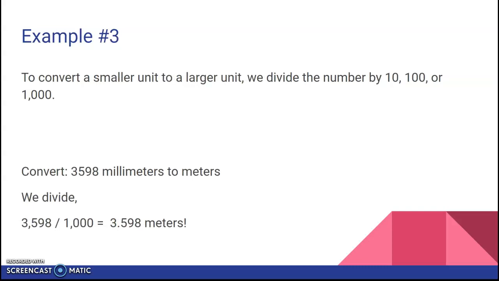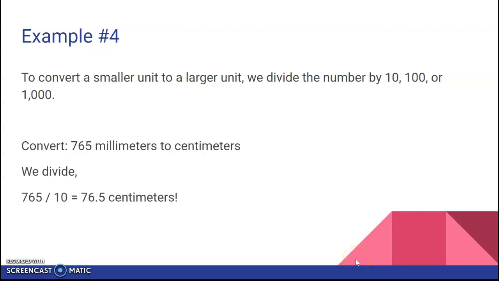So in this example, it's a little different. We're moving from smaller units to larger units, so we divide the number by 10, 100, or 1,000. In the following example, we want to convert 3,598 millimeters to meters. So in this problem, we divide by 1,000. 3,598 divided by 1,000 is 3.598 meters.